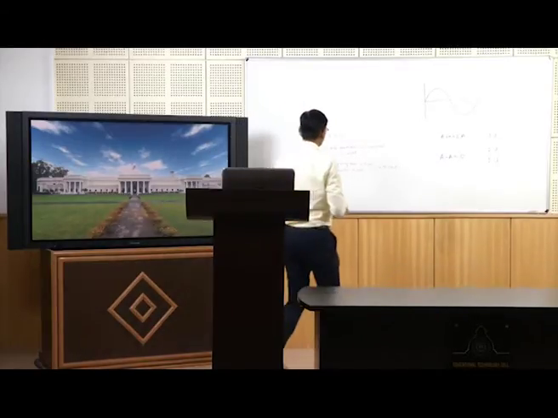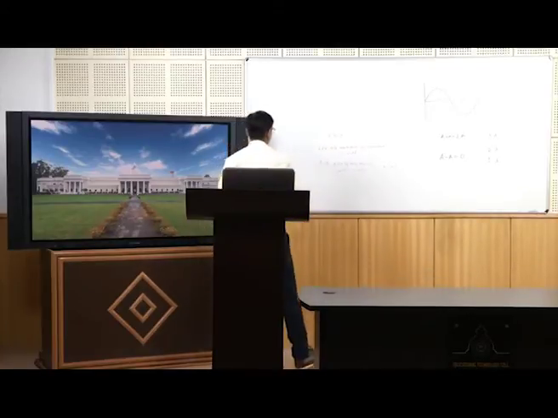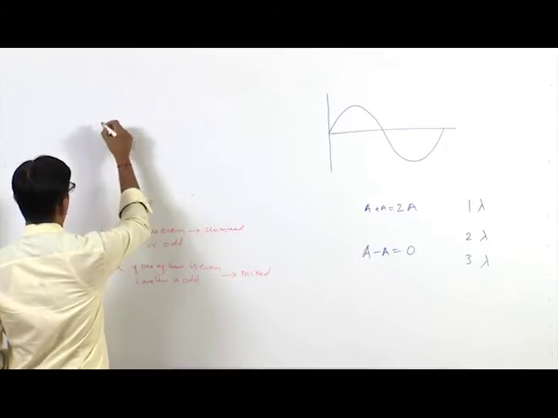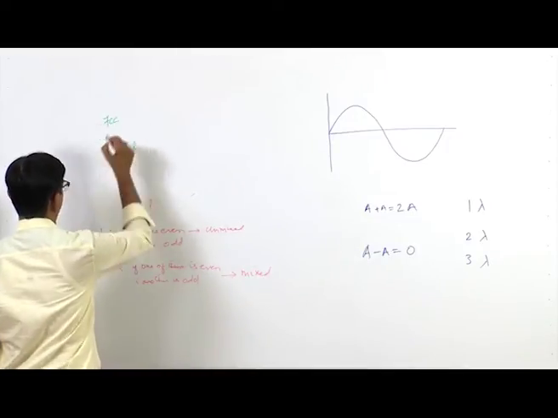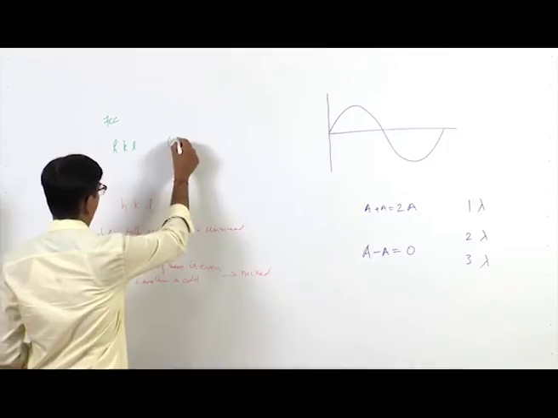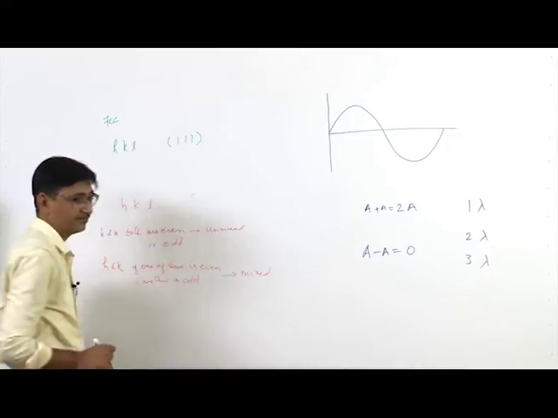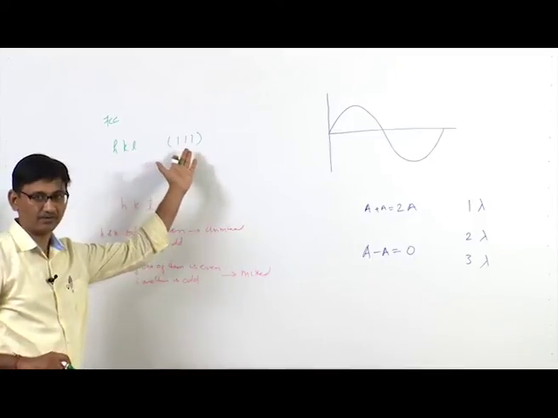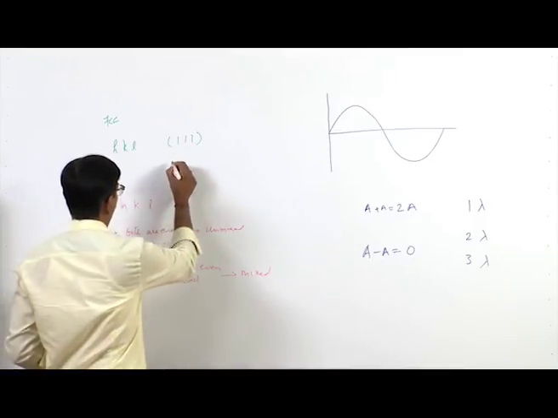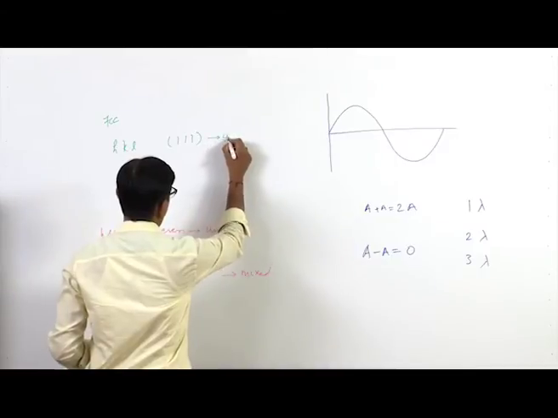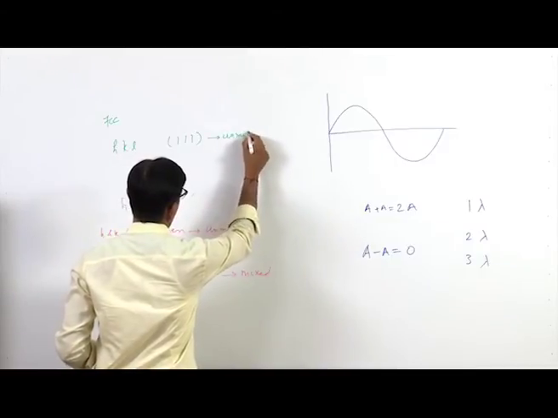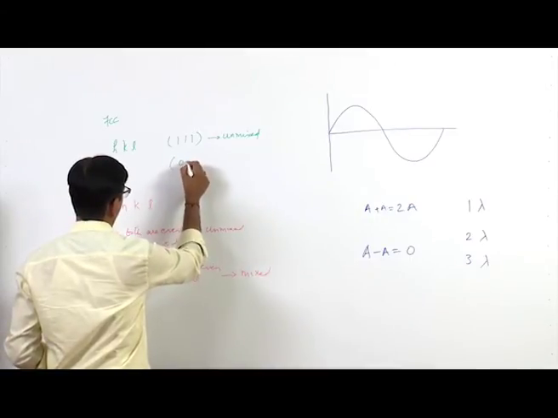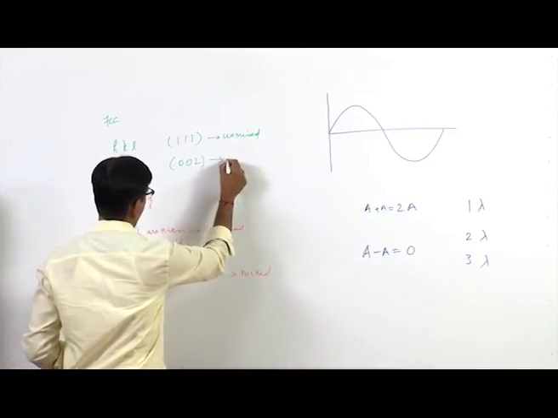For example, what do we mean by all even, all odd? Let us say HKL in case of this face centered FCC. If I have the 1 1 1 plane, that means this is unmixed, all are odd. If I have, let us say, 0 0 2, then it is also unmixed.